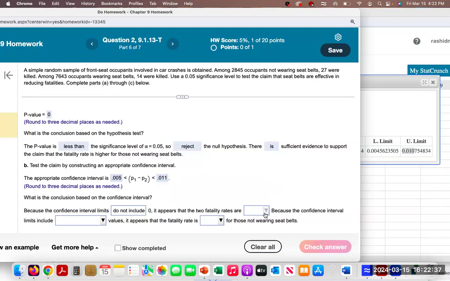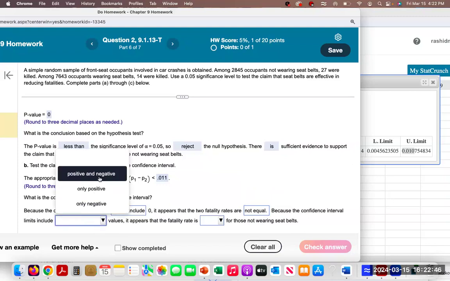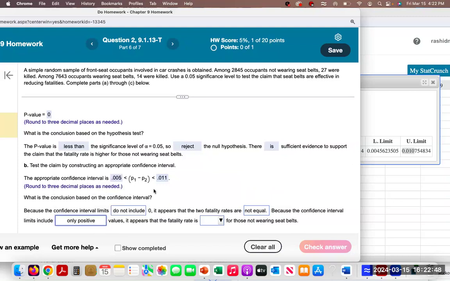So it appears that the two fatality rates are not equal because the confidence interval only has positive values. So it appears that the fatality rate is higher for those not wearing seatbelts.